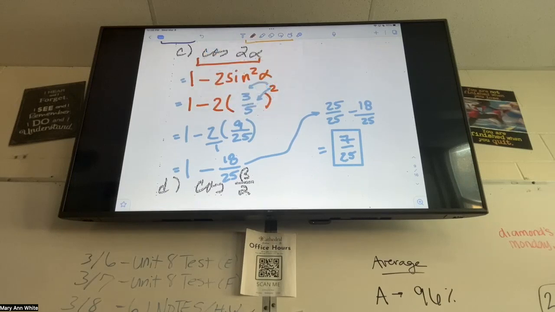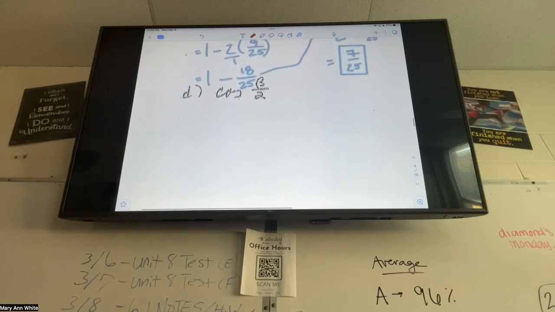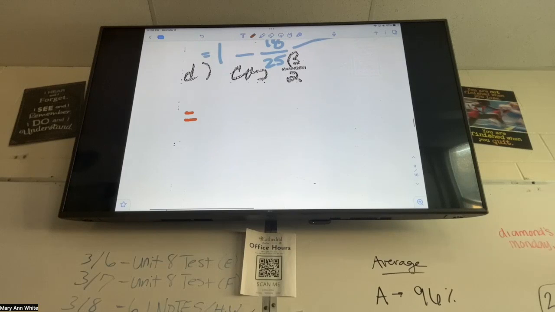This one says cosine of beta divided by 2. Which identity am I going to use for this? The half angle of cosine, which there's only one, so we should all have the same one: plus or minus the square root of 1 plus cosine of beta, all over 2.